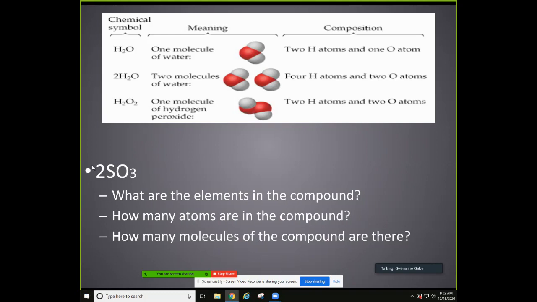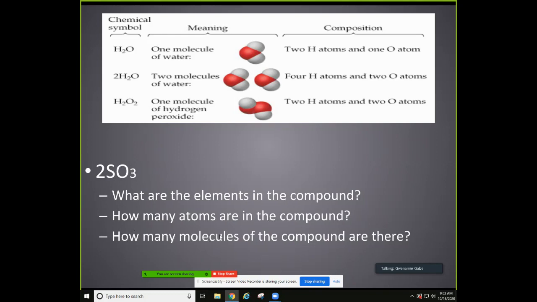So remember, when we have a coefficient, we have to distribute it. 2 times the invisible 1 for sulfur means there's 2 total atoms for sulfur. 2 times the 3 for oxygen, we distribute the 2 to the 3, and when we distribute, we multiply, means we have 6 total atoms for oxygen. So 6 total atoms for oxygen and 2 total atoms for sulfur gives us 8 total atoms.